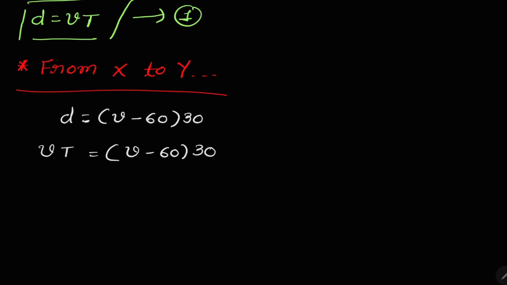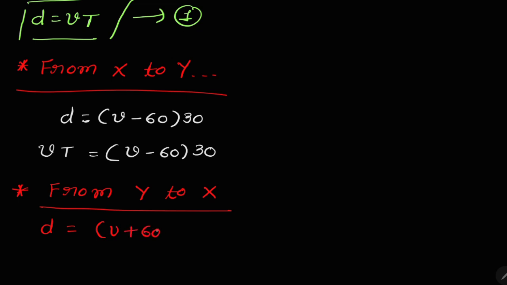Same way, we may write for the direction Y to X. तो बच्चों, Y to X में क्या हो जाएगा? Same way, distance d ही है. So for the d distance, I may write v plus 60 because it is the opposite direction.